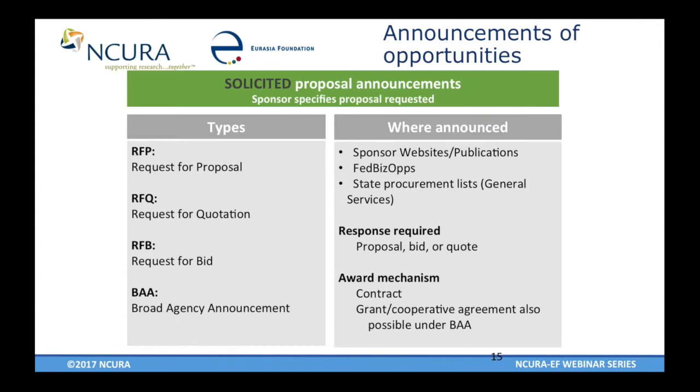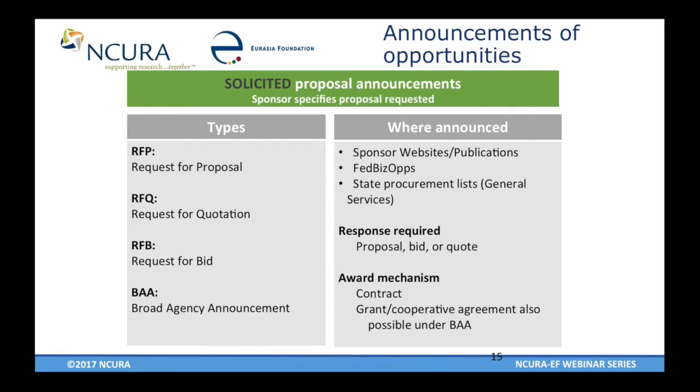Programs that are not standing or unsolicited are called solicited, meaning an agency is actively trying to get applications in a particular area. They are seeking or requesting specific applications. Solicited programs can use grants, cooperative agreements, or contracts as the award mechanism.